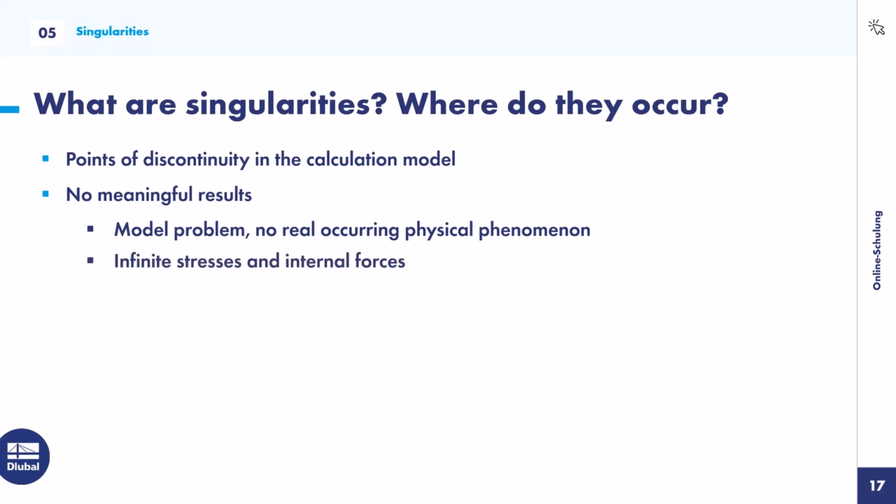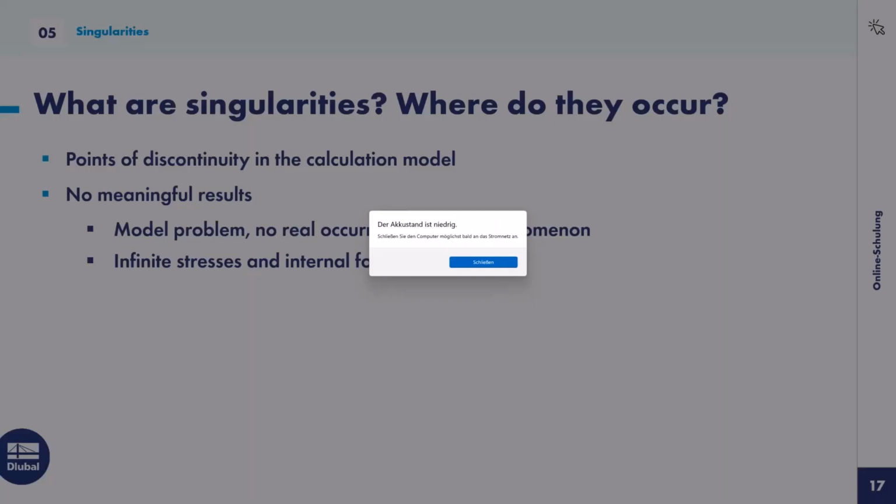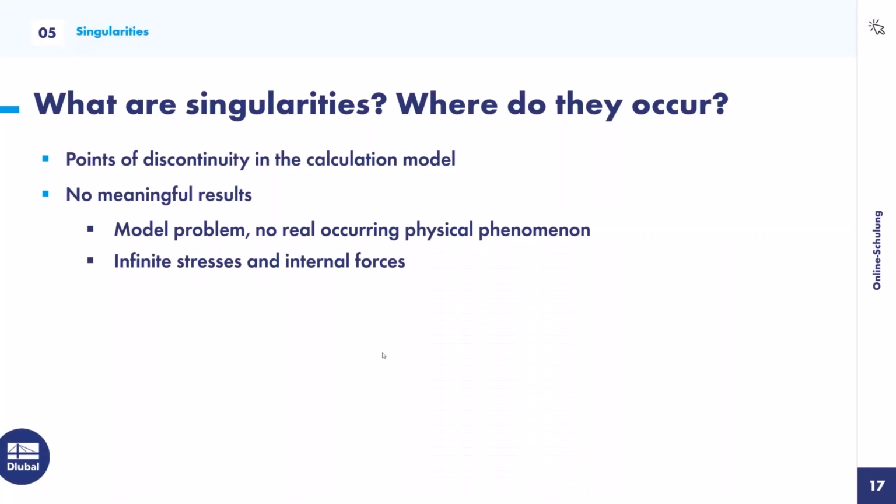And this can be imagined, for example, at a point load. If you have a point load and you want to look at the stresses in the surface, and you go directly under the point, you have no area to distribute the force on. It means you have infinite stresses.